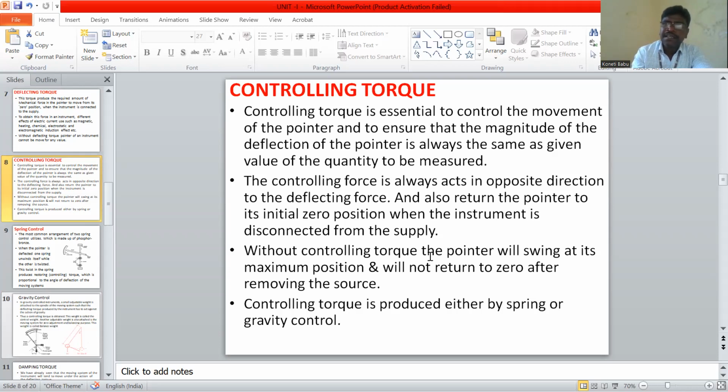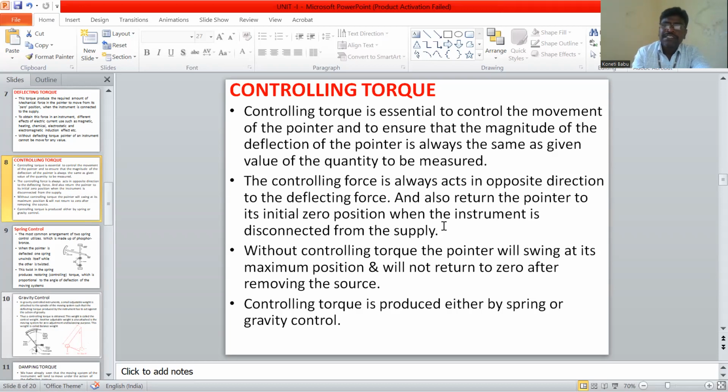That's why we need one more force. That force is nothing but the controlling force. This controlling force always acts in the opposite direction to the deflecting force, and also returns the pointer to its initial, that is zero, position when the instrument is disconnected from the supply.